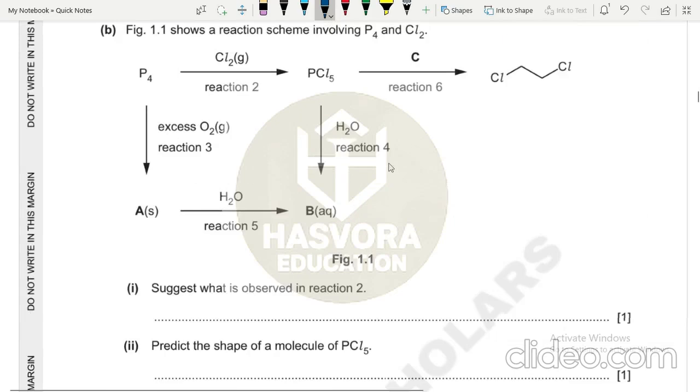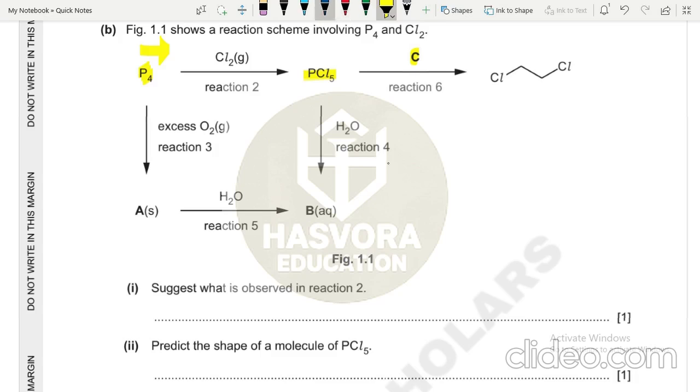Now in this part they have given you a reaction scheme in which the phosphorus is first reacting in reaction 2. Let's just first take this part. So it is reacting with the chlorine to form PCl5, and then that PCl5 is reacting with the unknown compound, which is C, and then it is forming this halogenoalkane, or you can say dichloroethane.